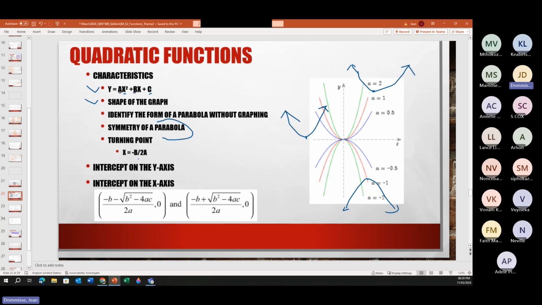Then what is also important is we will need to work out that turning point. That turning point will be worked out with a formula of minus b over 2a. So that is that b and that a. Whatever those values are, we can just substitute them into that formula and we will get the turning point.